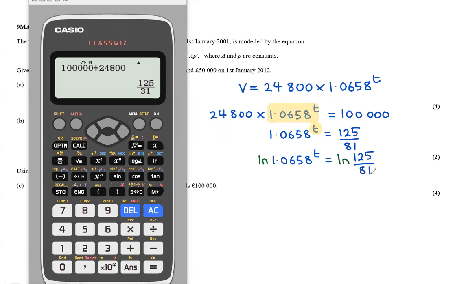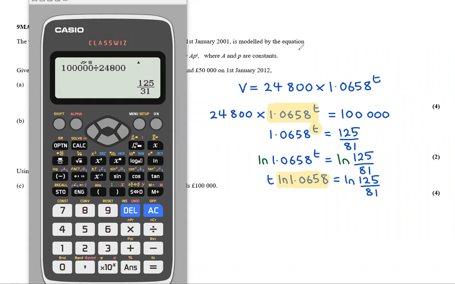The power now comes down to the front, so we're going to have T ln 1.0658 is equal to ln of 125 over 31. Now, to get T on its own, we have to divide by this number. It's just a number, so it's just like solving an equation. We divide both sides by that, and let's see what we get.